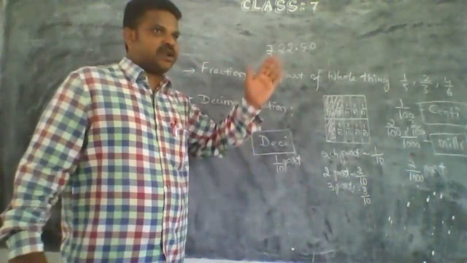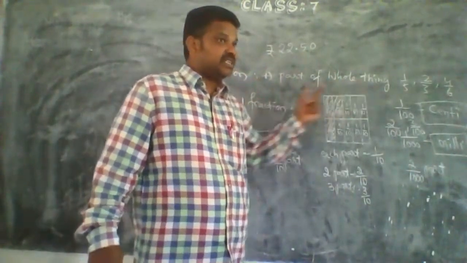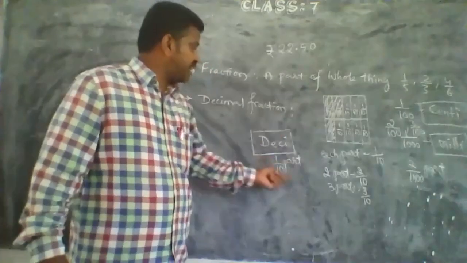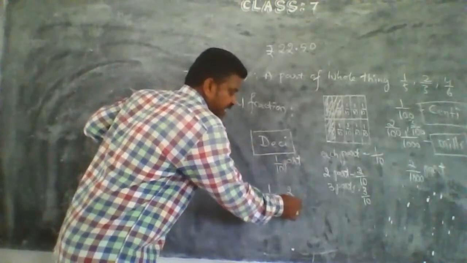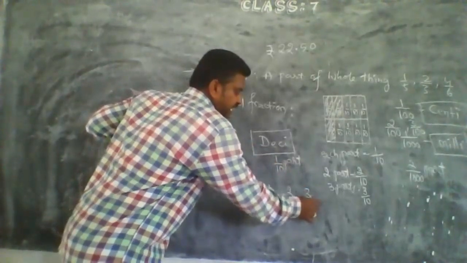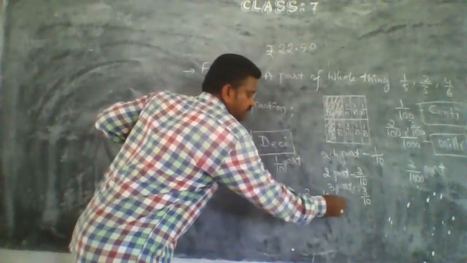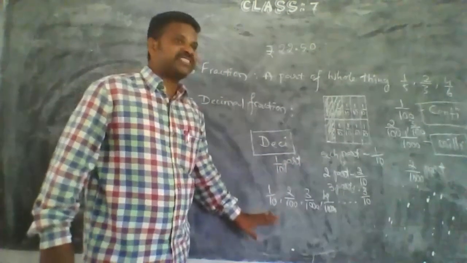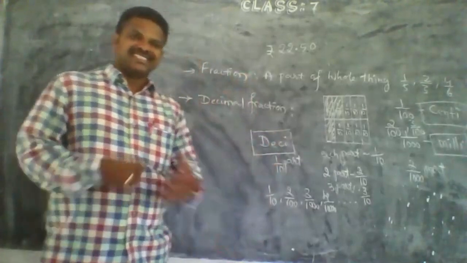They are not the same. Fractions are just a part of a whole thing, but the decimal fractions here are 1/10, 2/100, 3/1000, 4/10,000, and so on. These are all called decimal fractions.